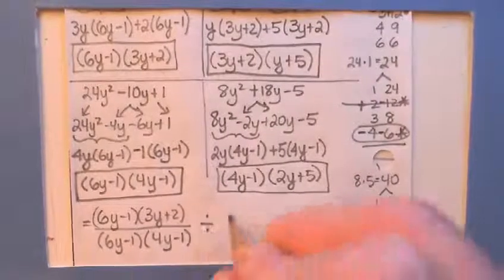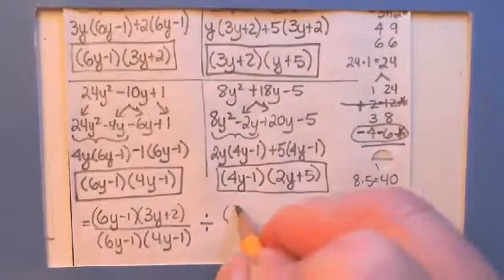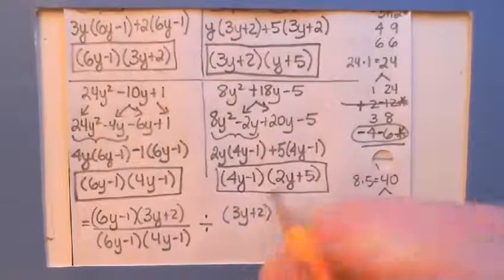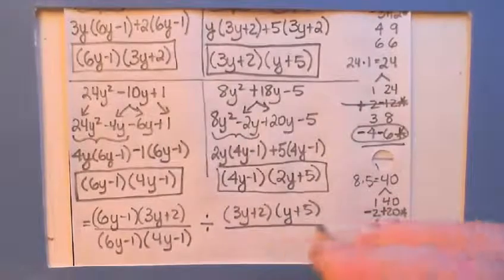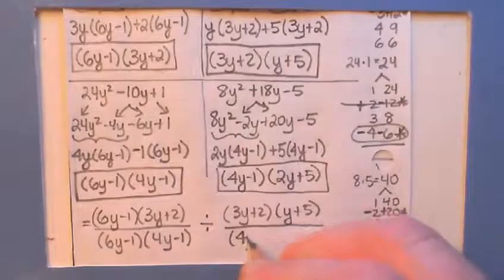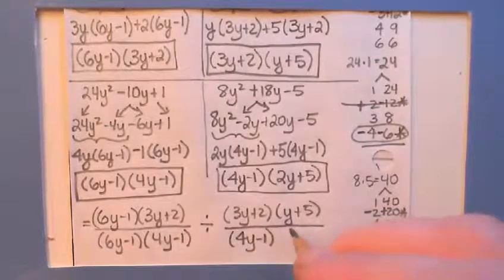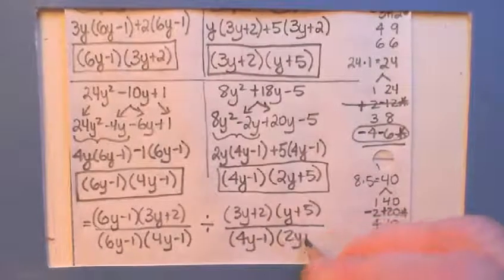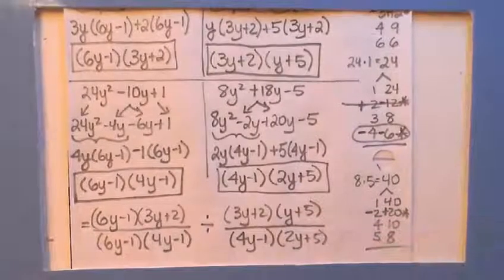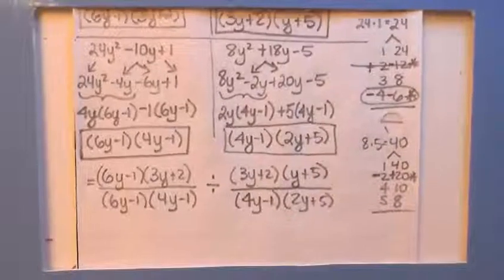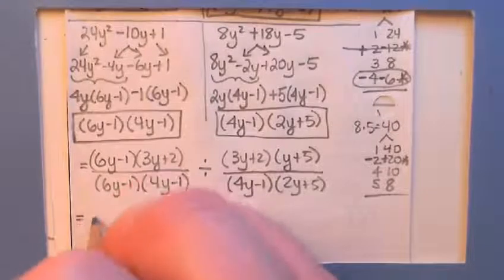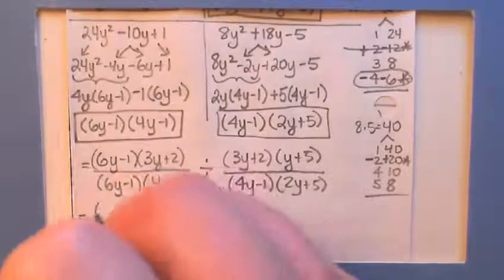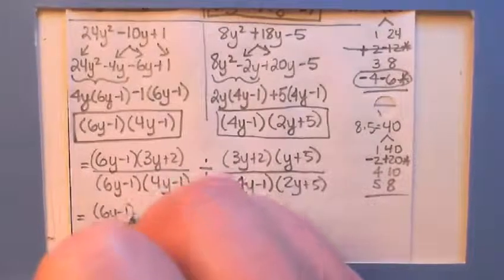And we're dividing by 3y plus 2, y plus 5 over 4y minus 1, 2y plus 5. So basically all I did is factor the top and the bottom, top and the bottom. Now, division of fractions. You copy the first term as it is. So I'm going to copy as it is.